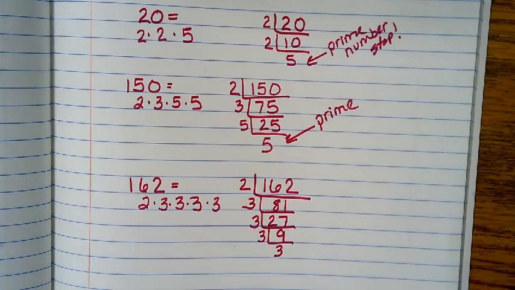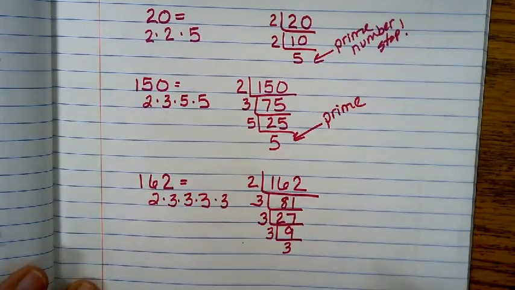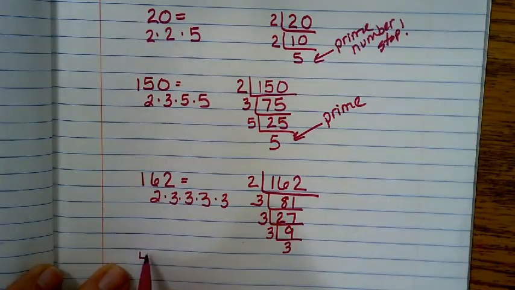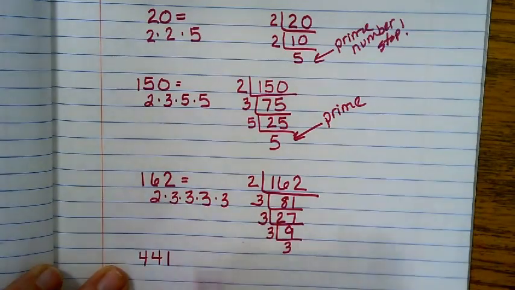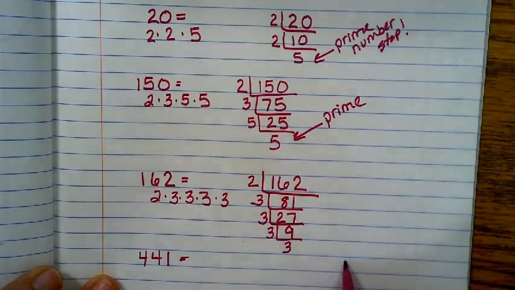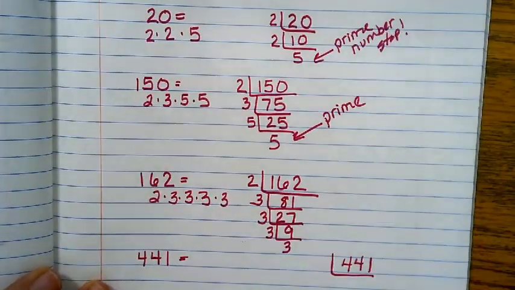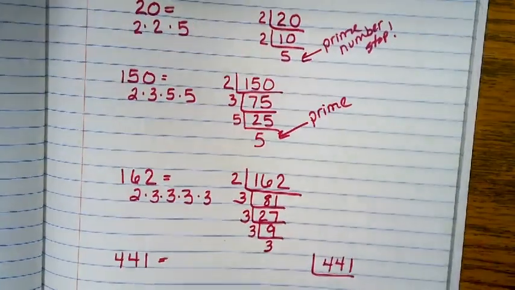Okay, let's do one more. Let's do the prime factorization of 441. It's not divisible by 2.